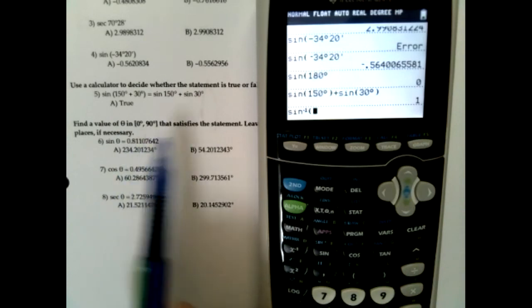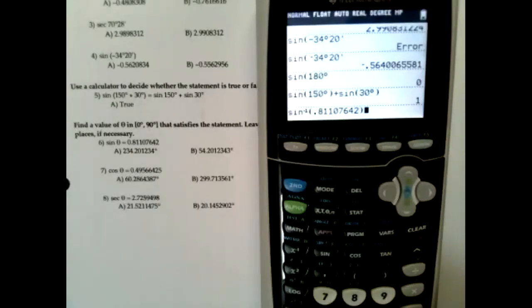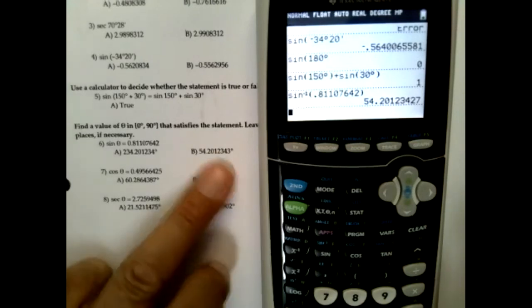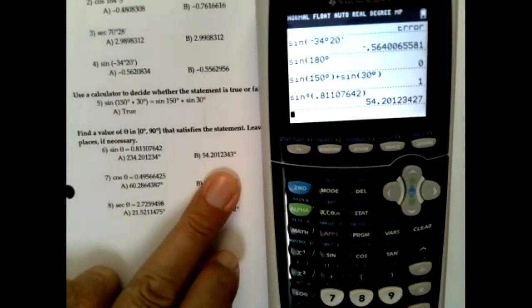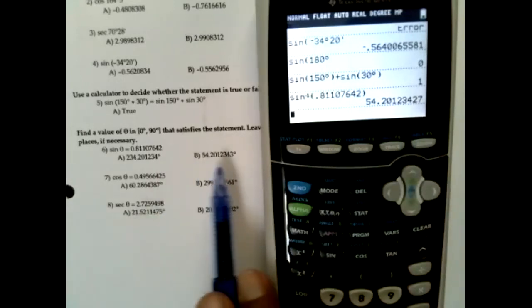But for now, I'm just going to do the inverse sine of 0.8110764 2. And when I hit enter, I get 54.201343. You notice this keeps going, even though it's cut off on here.